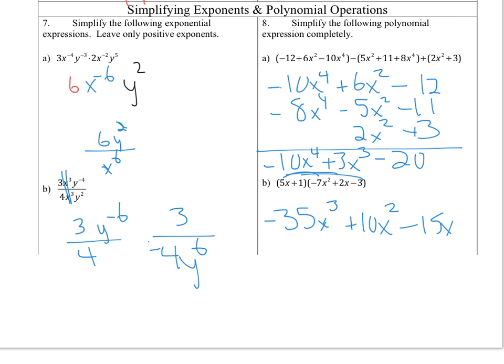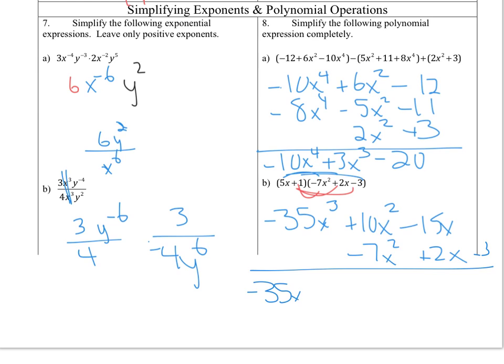Now do the next one. 1 times negative 7 is negative 7x squared. 1 times 2x is 2x. 1 times negative 3 is negative 3. Negative 35x cubed plus 3x squared minus 13x minus 3. And I'm done.